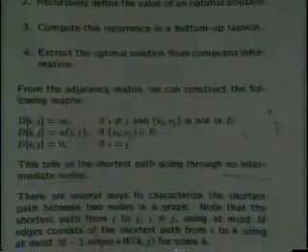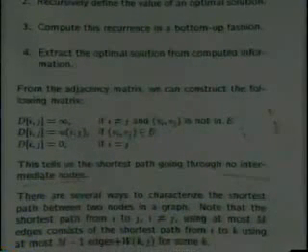Now let's think, how can we characterize what we mean by the shortest path between two vertices? There's lots of different ways we can do it. Dijkstra did it in one way. Think about the following idea. If we have the shortest path from I to j using at most m different edges, what do we know about that?